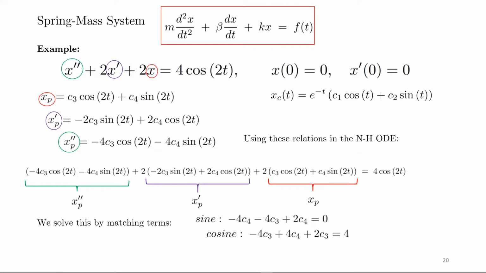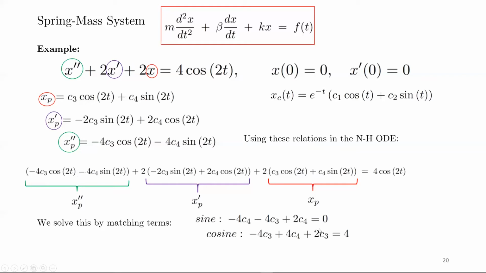Now for the cosine terms, again from left to right, we have negative 4 times c3 cosine 2t, plus 4 c4 cosine 2t, plus 2 times c3 cosine 2t.